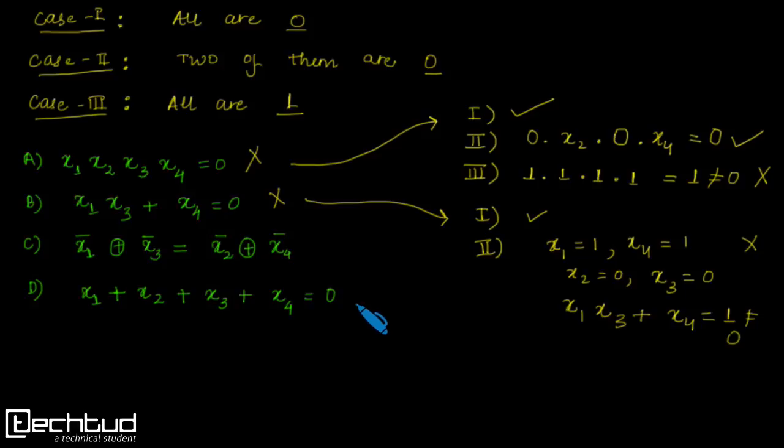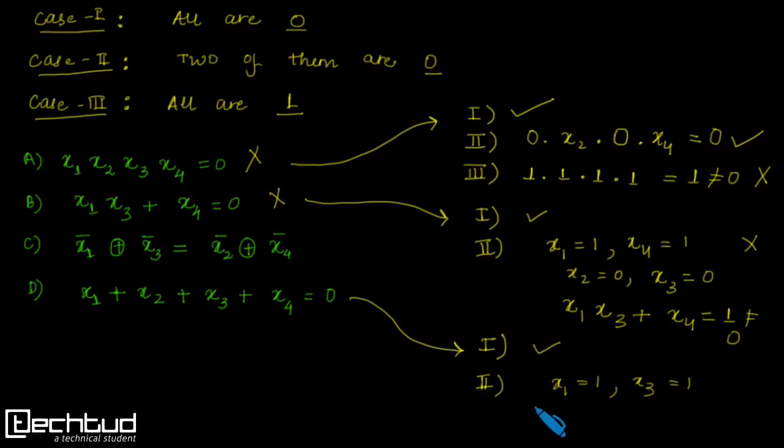Now before moving on to option C, option D looks simple, so let's look at it. When we analyze option D for case 1, where all of the Boolean variables hold the value 0, we see that case 1 holds. Now for case 2, when two of the Boolean variables are 0 and the rest are 1, we see that this will give us a value of 1. Let's say x1 equals 1 and x3 equals 1 and the rest are 0.